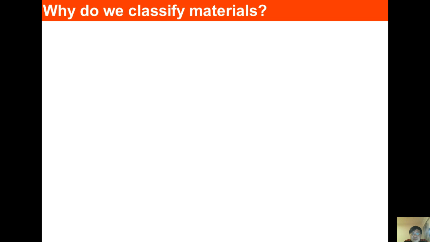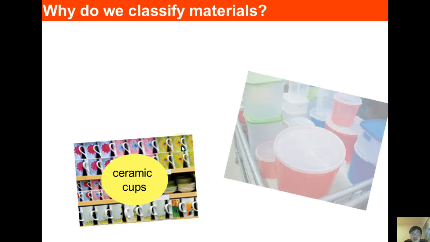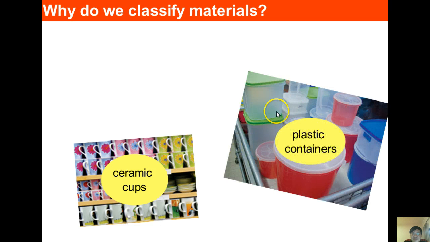Take a look at this. These are all the mugs and cups, made from ceramic. They are of the same size and shape, but the designs are different. And all the different types of plastic containers are placed together. We classify them together.